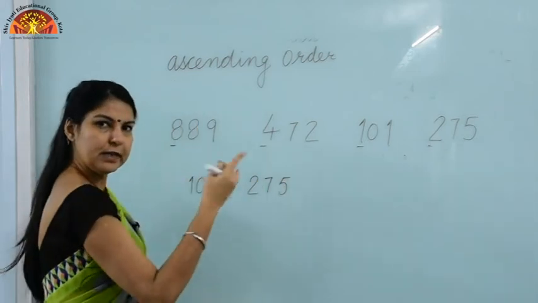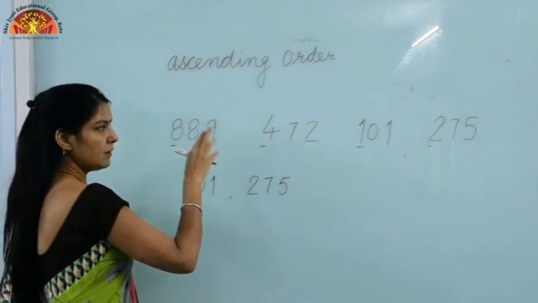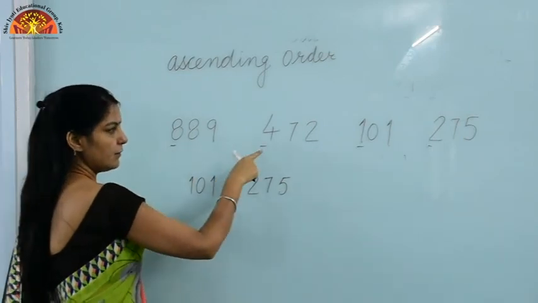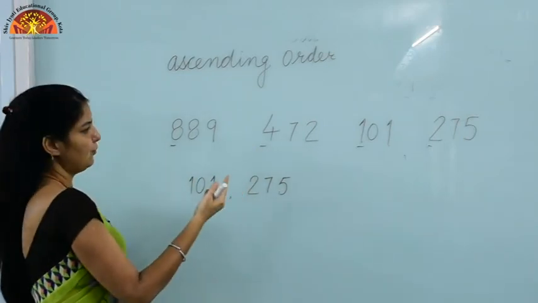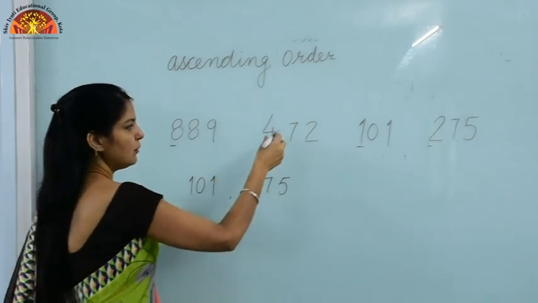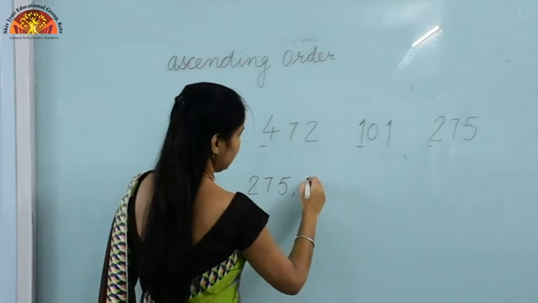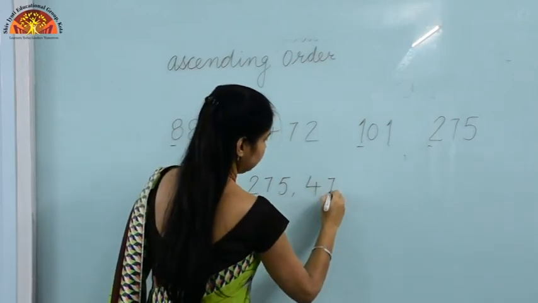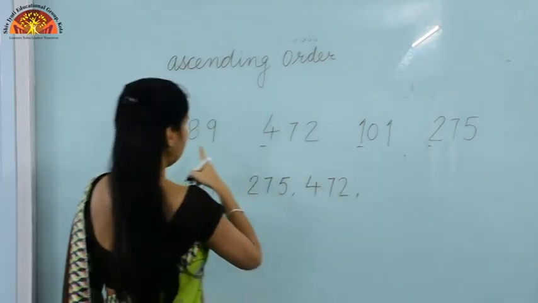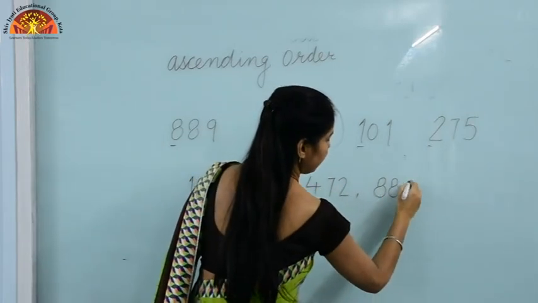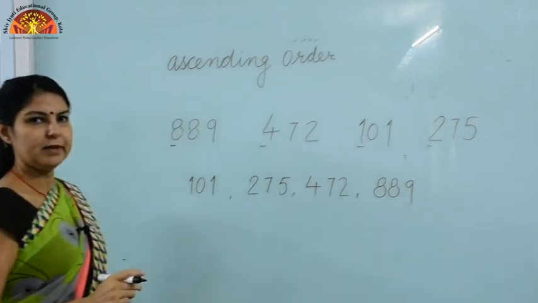Now leave these 2 numbers and compare the remaining 2 numbers. Here 8 is at hundreds place and here 4. Now you know 4 will be the smaller, the whole number 472 will be smaller among these 2 numbers. And at last we will write 889. I hope you have understood.